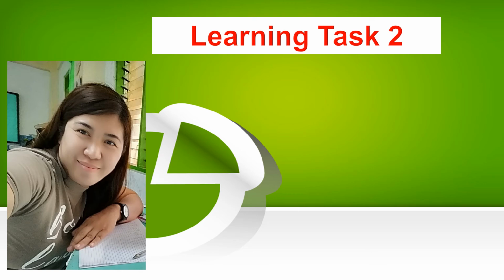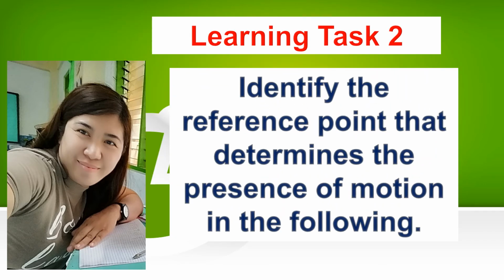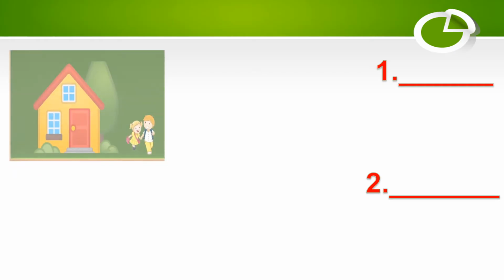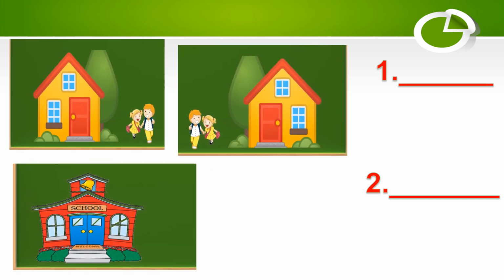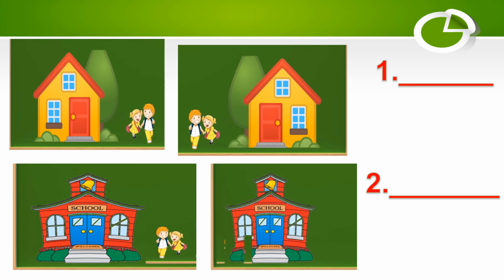Okay, for your learning task 2, we're going to identify the reference point that determines the presence of motion in the following. So we have here 4 illustrations, but the first one is this. And the second one is in school.